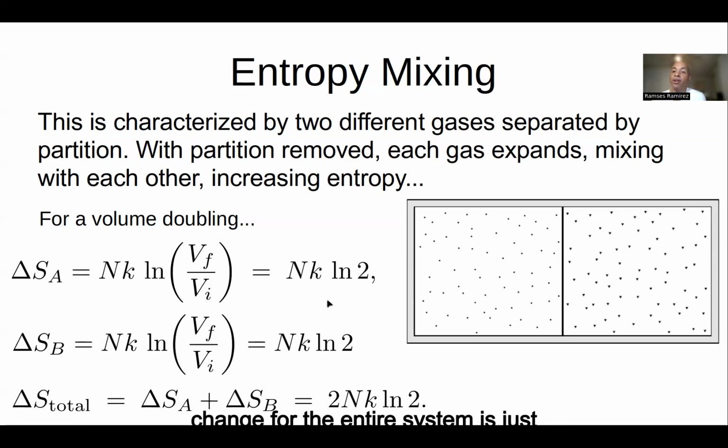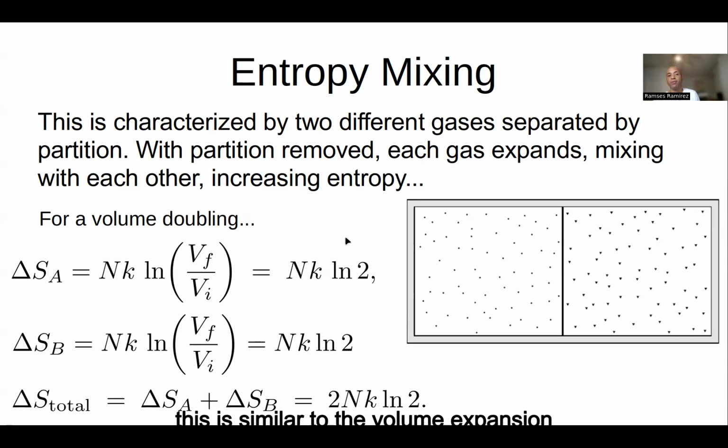So the total entropy change for the entire system is both of these added together: delta S_A plus delta S_B is delta S total, which is 2nk natural log of 2. So this is the case in which you have gas A in one half and gas B in the other. You remove the partition and allow them to expand and interact with each other and mix. And this is the resultant final change in entropy from that case.